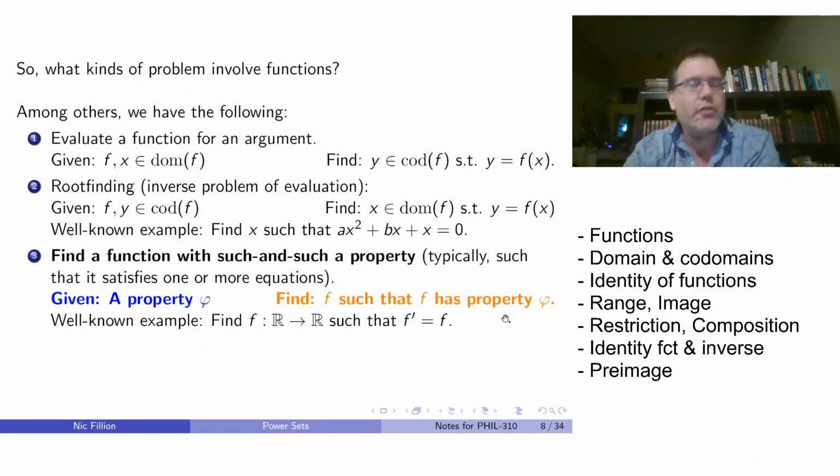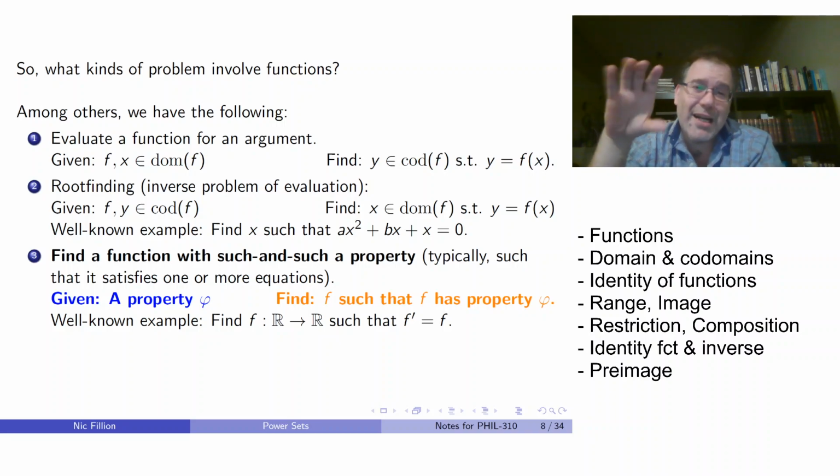So that's a standard problem that you would have to solve in calculus. That involves solving a differential equation. So solving differential equations, they're all of this kind. For those of you who have done variational analysis, problems like that are happening very often as well.